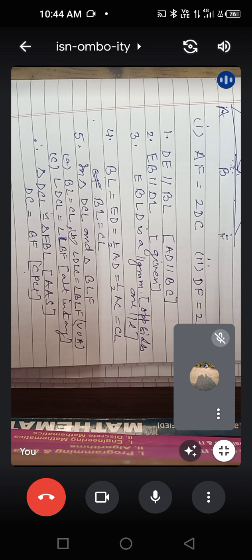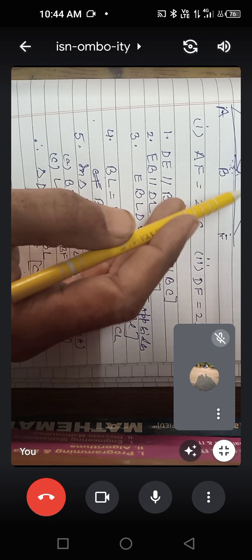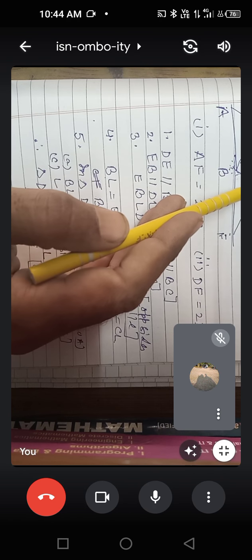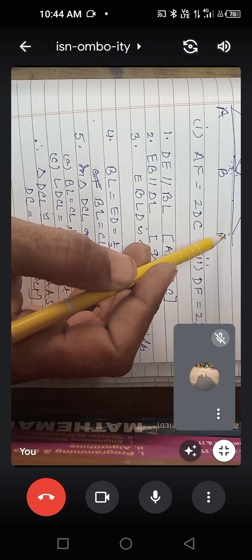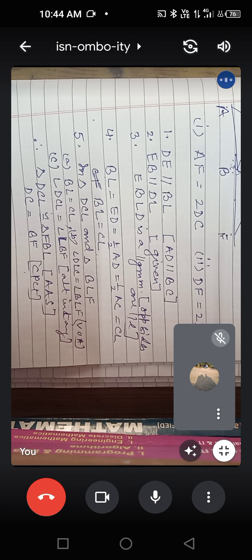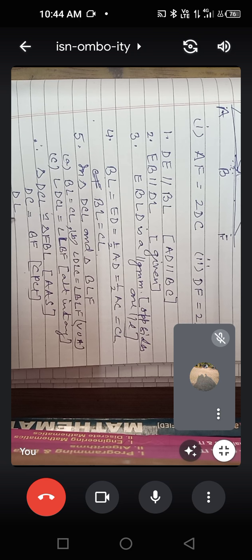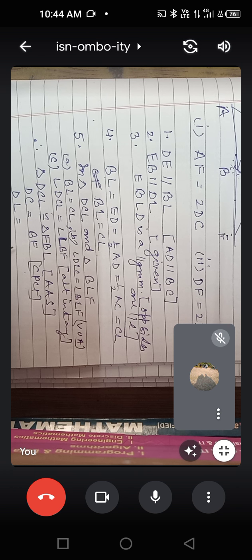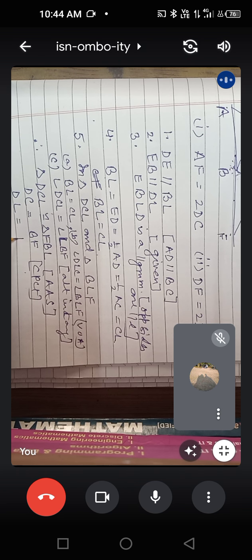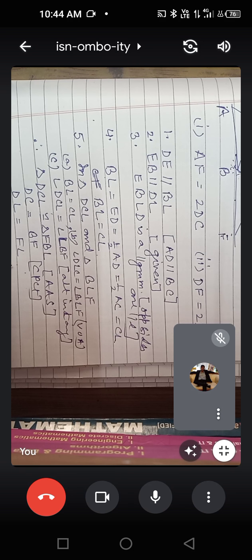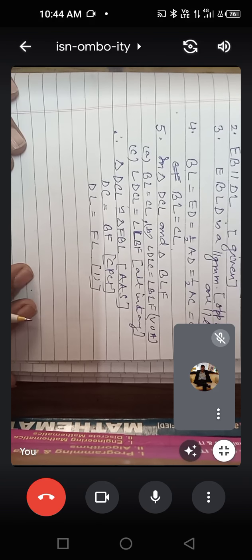Now, DL is equal to what? DL is equal to FL. Right? This is also by CPCT. Okay.